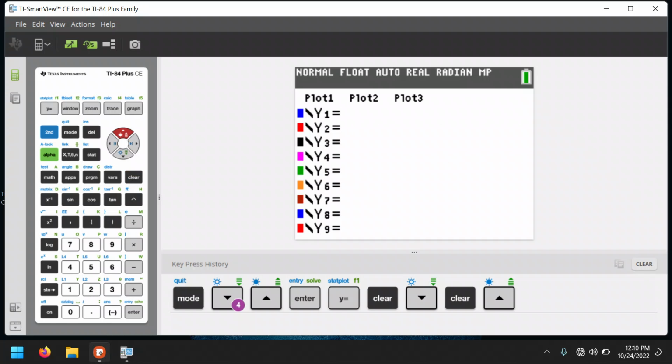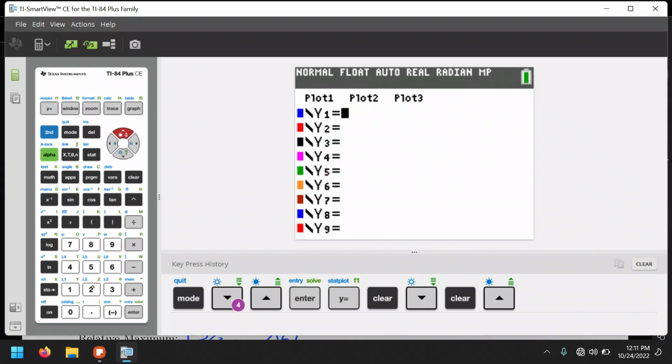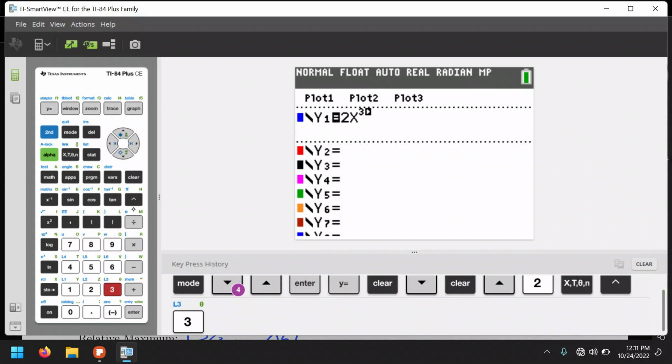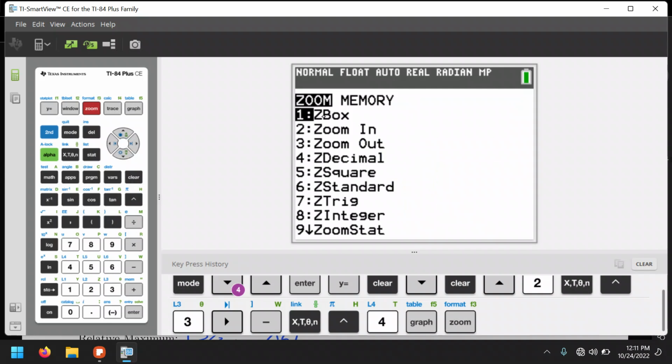And what is that again? It's 2x cubed minus x to the 4th. And let's graph. Okay, is that the graph? Let me do some zoom box.